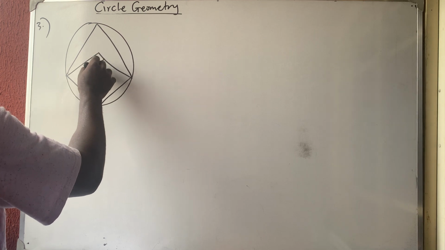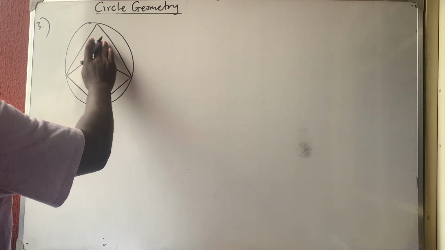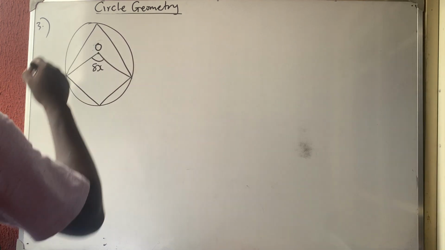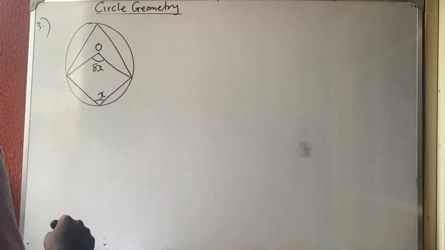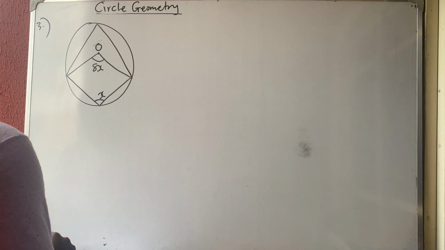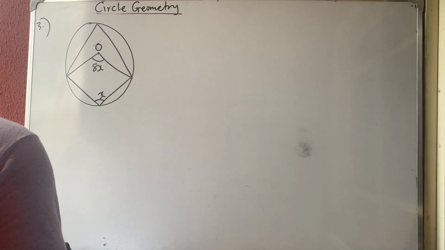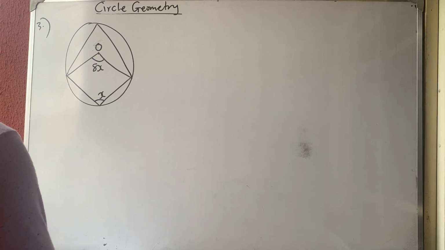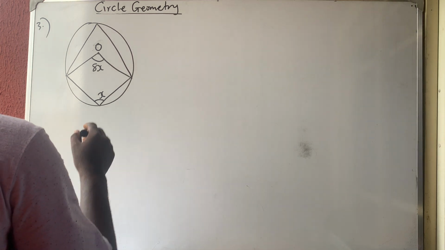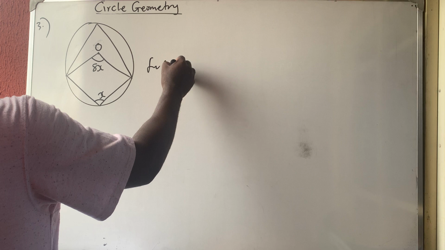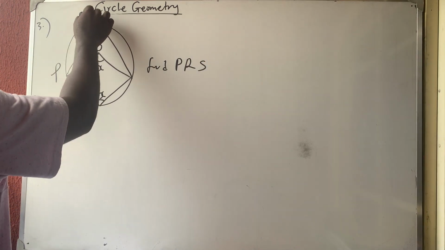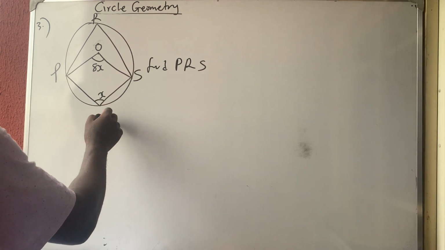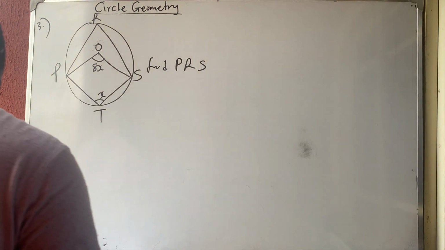They said that here is 8x and I am center O, and they said that here is x, and we should find angle PRS, and they say that here is PRST.